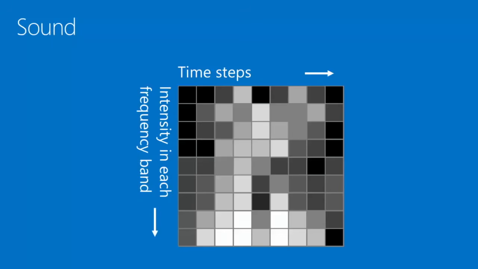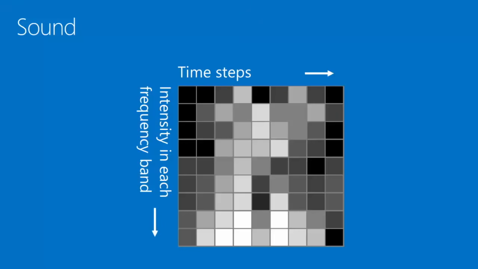Now, what you can do is you can take something like sound and you can chop it up into little time steps. And for each piece of time, the time step right before it and right after is more closely related than time steps that are far away. And the order matters. You can also chop it up into different frequency bands.